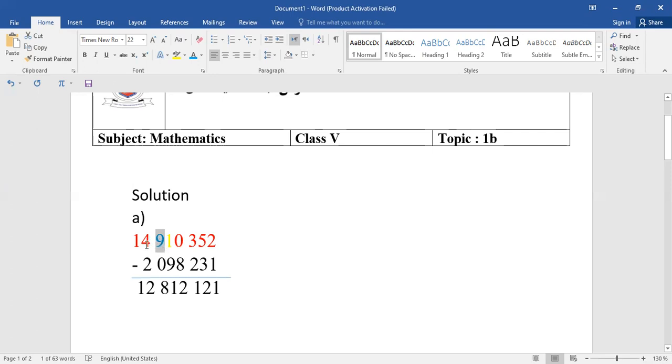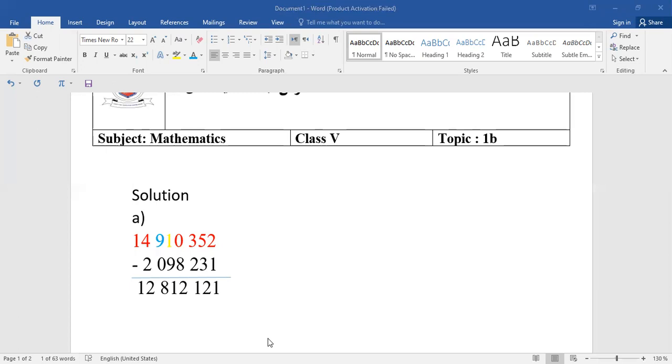Then you will be subtracting 2 from 2, you will be getting 2. There is no number written under 1, so I'll be writing this 1 down as it is. So 1, 2, 8, 1, 2, 1, 1, 1, these are the more number of people living in Karachi as compared to Rawalpindi.